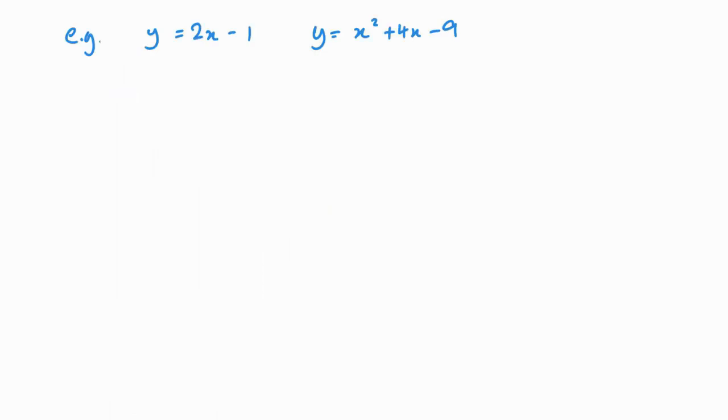Now the process is the same when I've got a linear and a quadratic graph. The linear one is straightforward to draw. The quadratic one, you might want to complete the square. There's more than one way of drawing this, but let's look at completing the square.